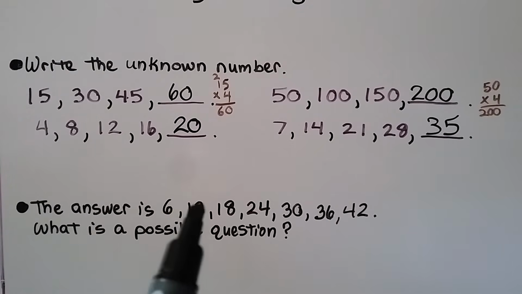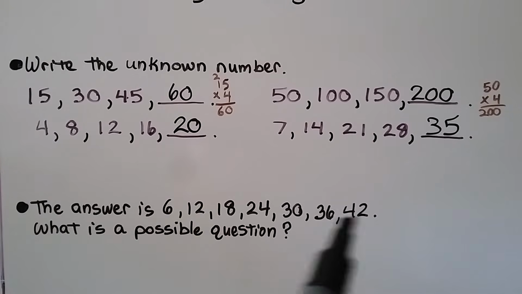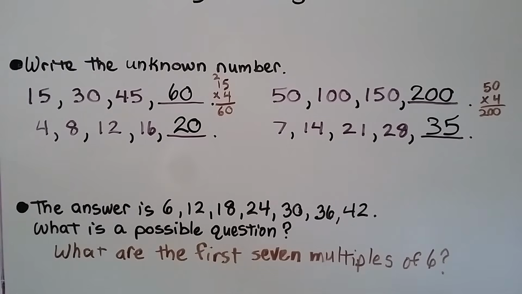And we have 1, 2, 3, 4, 5, 6, 7 multiples of 6. The question could be, what are the first 7 multiples of 6? And the answer, 6, 12, 18, 24, 30, 36, 42, would fit that question.